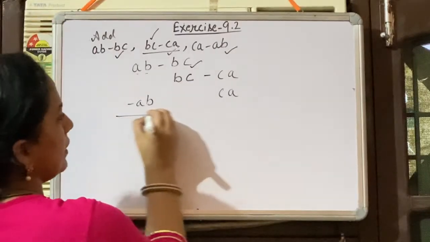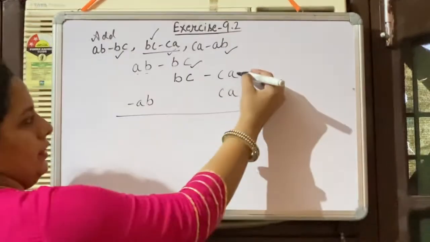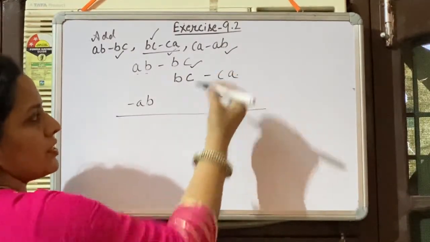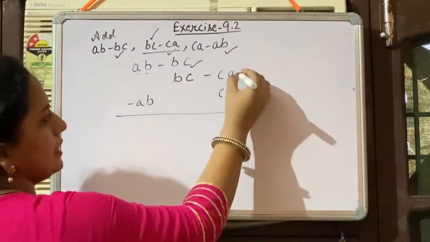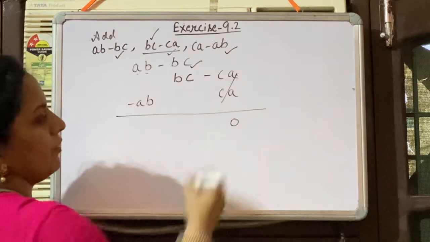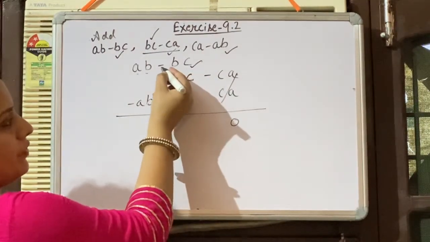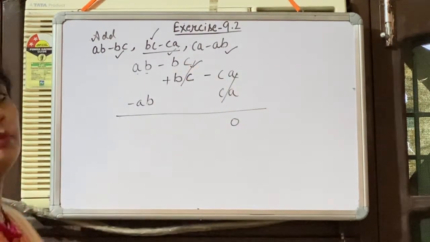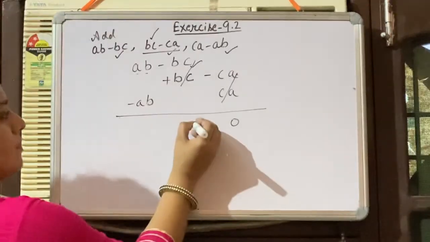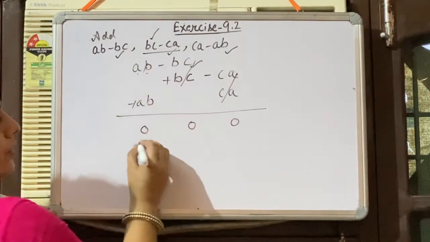After this we can add these terms very easily because these are like terms, and first is in the positive form and second is in the negative form. So these terms can be cancelled and here we have 0. In this term also first is negative, this is positive, it can be cancelled out, so here also we have 0, and these are also cancelled out, so here we have 0.